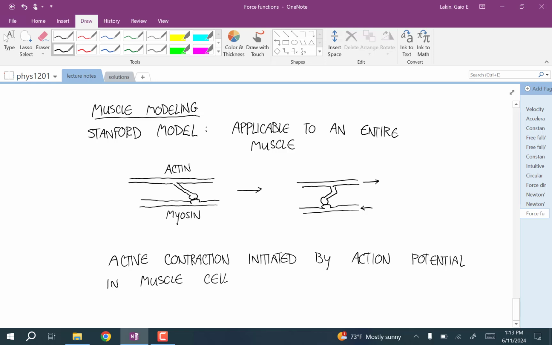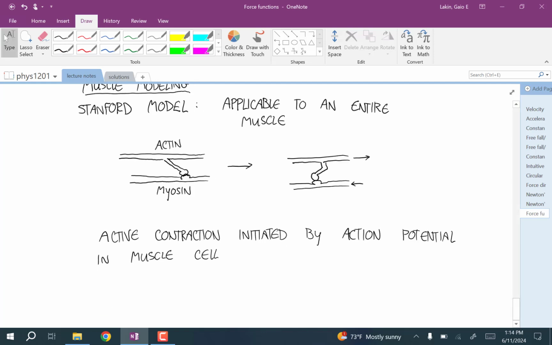What that action potential does is cause a flood of ions to move across the cell membrane. And because of this large motion of ions across the cell membrane, you actually can detect an electrical signal when a muscle is activated.